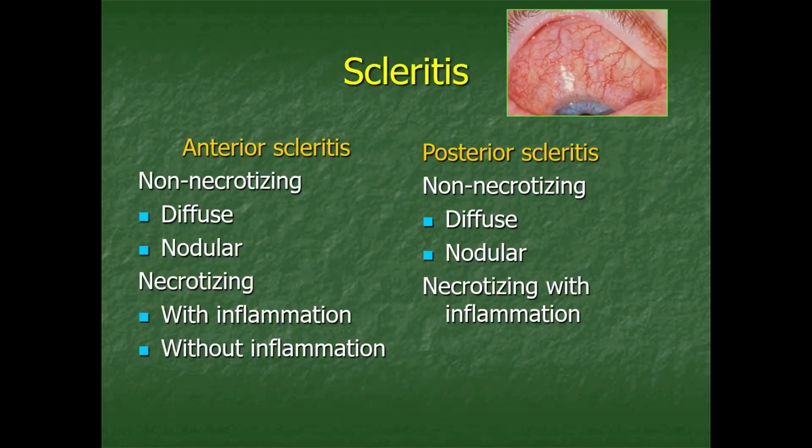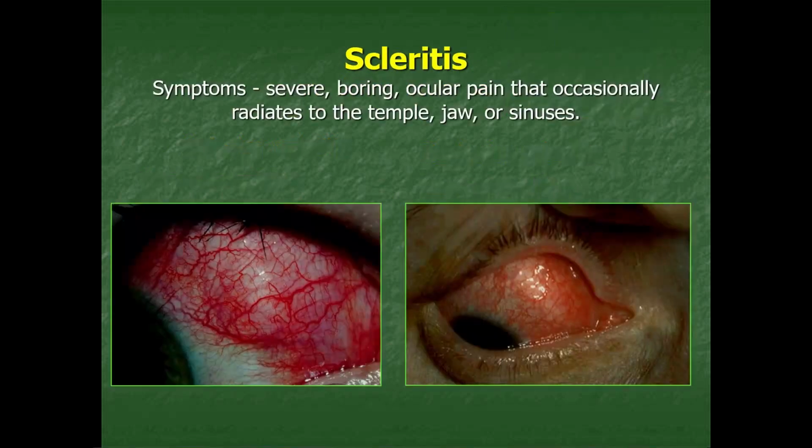Scleritis may be anterior, posterior, non-necrotizing or necrotizing, diffuse or nodular. In this picture, you can see examples of scleritis. The patient usually complains of severe boring ocular pain that radiates to the temple, jaw, or sinuses. Very severe condition of the patient.